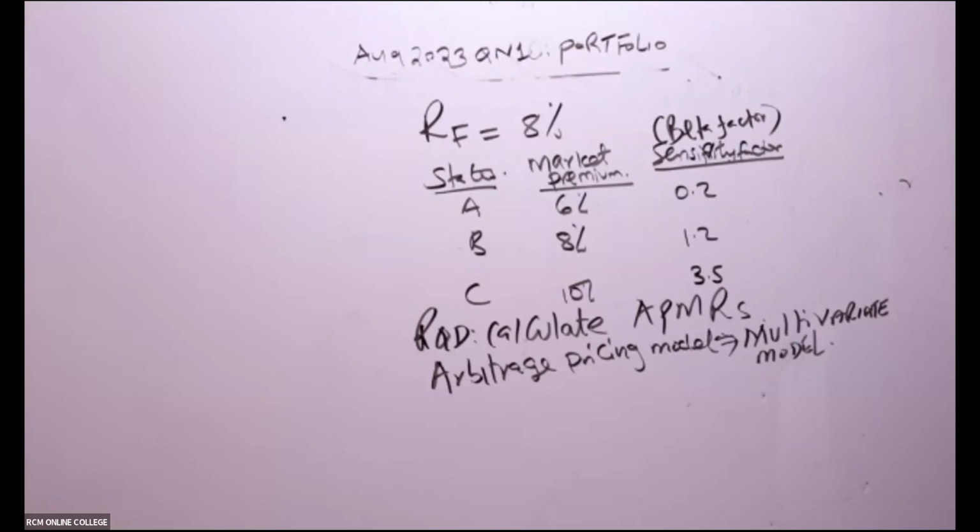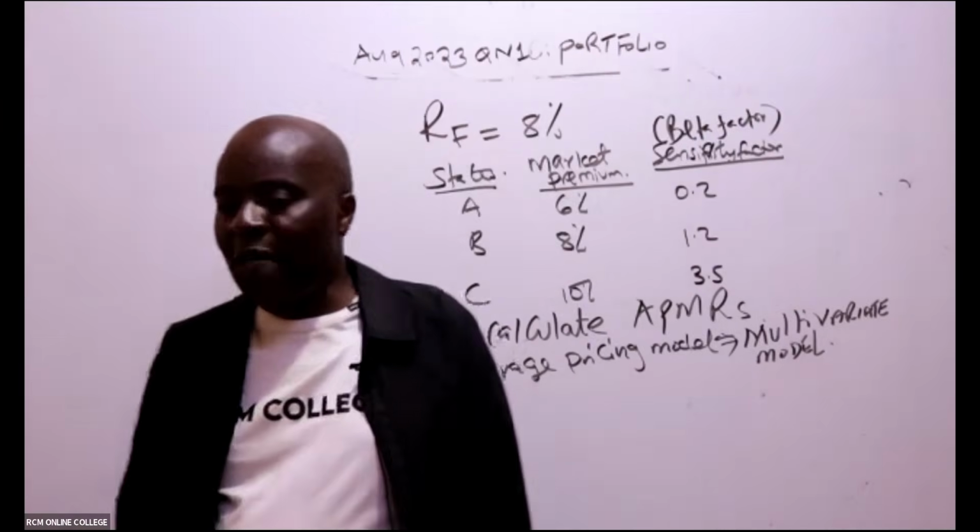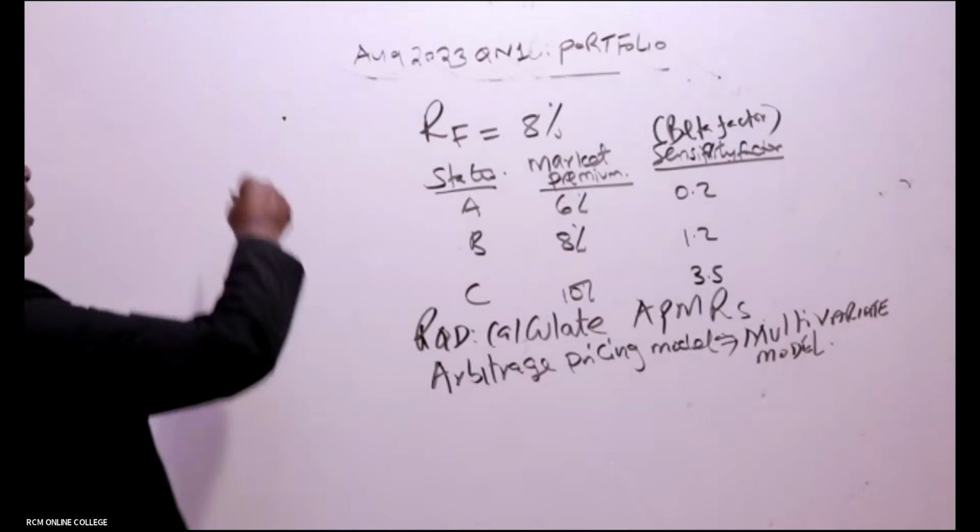So, ladies and gentlemen, when you give me this kind of question, if you have written it down, I will be able to give you an answer pretty fast, because I know the formula.